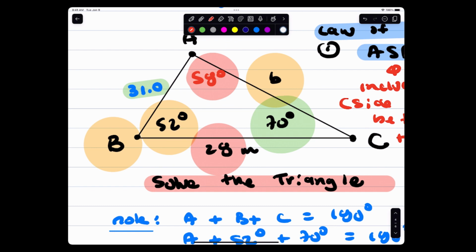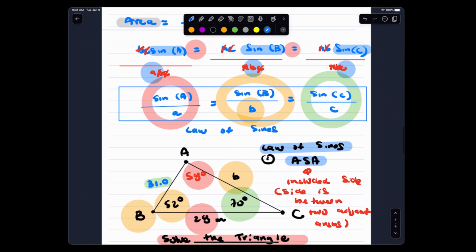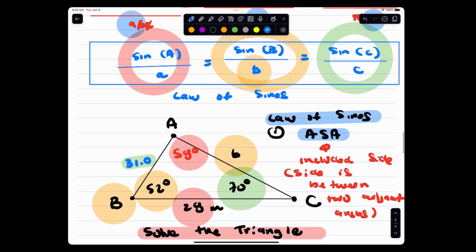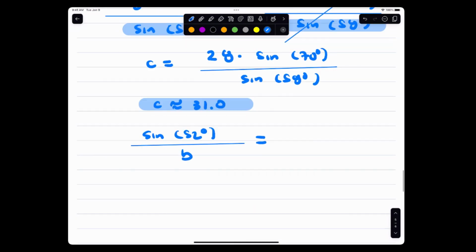Which one do you want to use? You have a choice because you're going to create these ratios, really a proportion. So which one do you want to use? Green or red? Red. Okay, so sine 58 over 28.